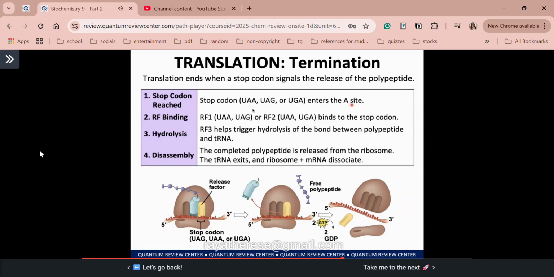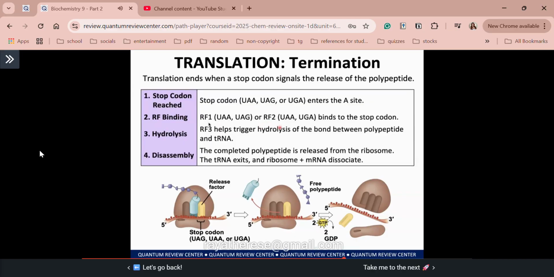Class, not termination factors, ha. This is your release factors. And of course, they are very specific to their binding site. RF1 will bind to the stop codons UAA and UAG, while RF2 will bind to your UAA and UGA stop codon.